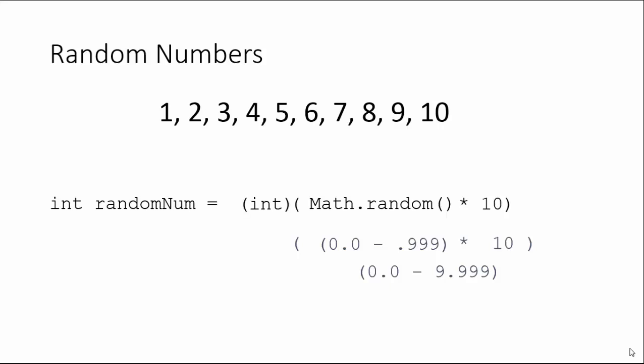And then I'll go ahead and cast that number as an int. And the result will be either 0, 1, 2, 3, 4, 5, 6, 7, 8, or 9. But I want numbers between 1 and 10. So what should I do with that number that is generated? I'll add 1. That'll give me a number between 1 and 10, 1 being the smallest, 10 being the biggest.